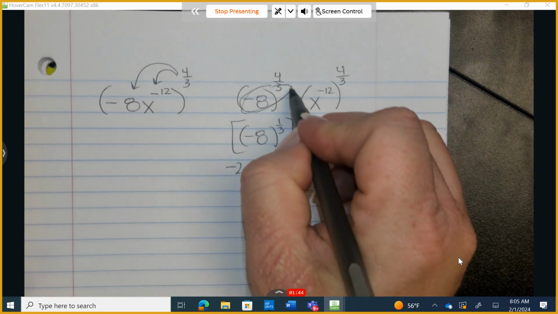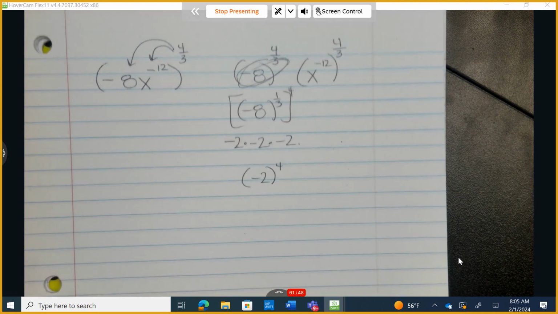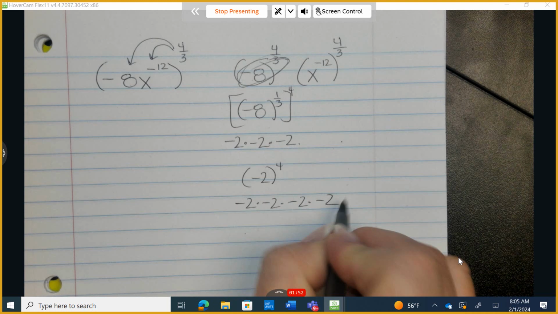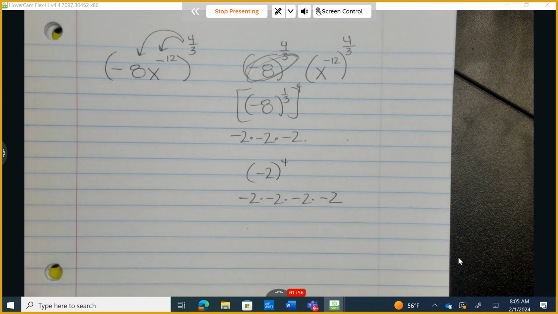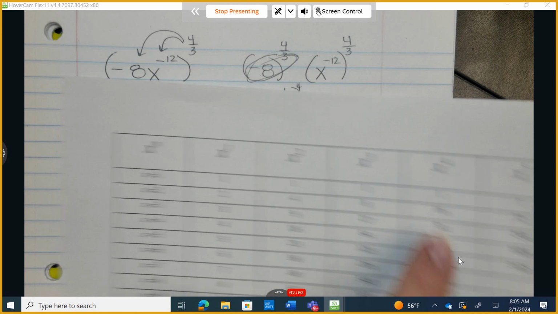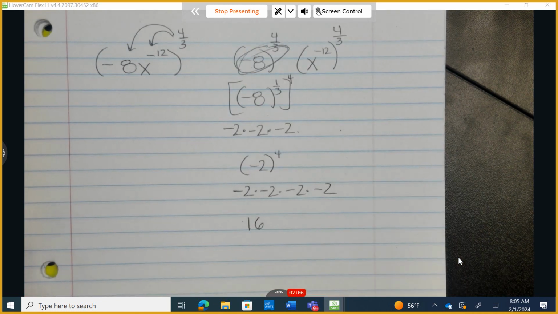So this portion is equivalent to negative 2. Now I need to take negative 2 times itself 4 times. Well, I have an even number of negatives because there's 4 negatives. Now, what's 2 to the 4th without using a calculator? Here's 2 to the 1st, to the 2nd, to the 3rd, to the 4th. This portion is positive 16.